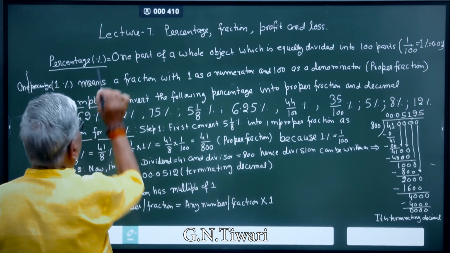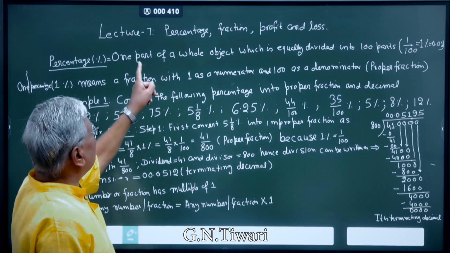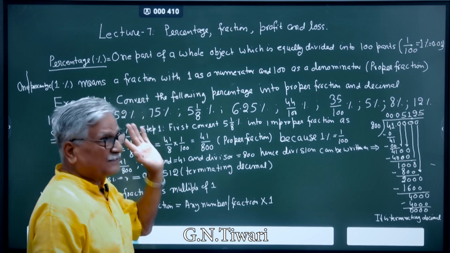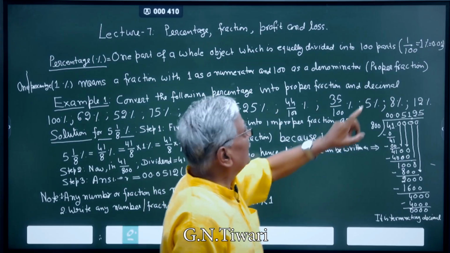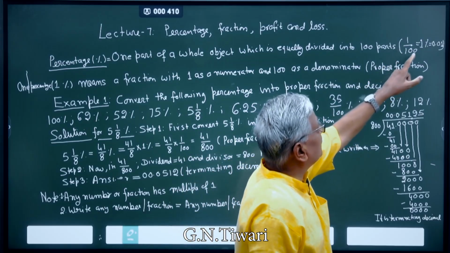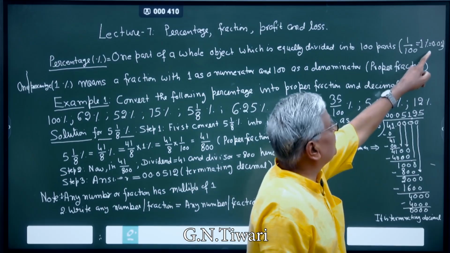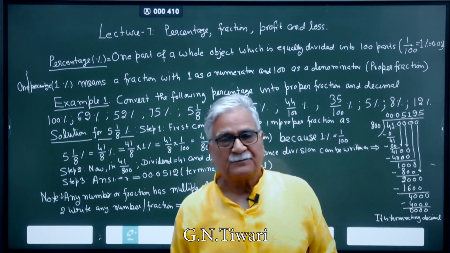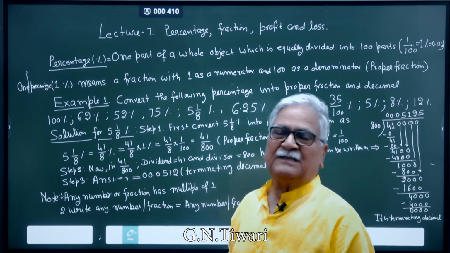Just see here, percentage. What is the percentage? Percentage is one part of a whole object which is equally divided into 100 parts, equal to 1 by 100, equal to 1%, or in decimal it is 0.01. So the 1 by 100 term is a percentage.